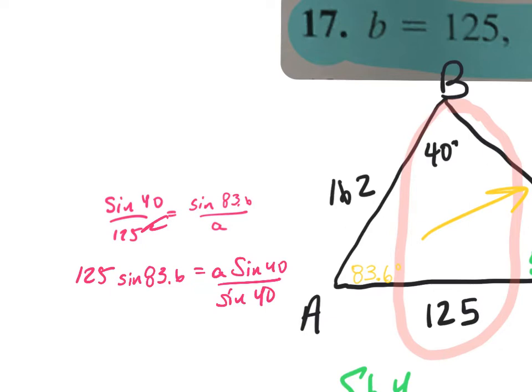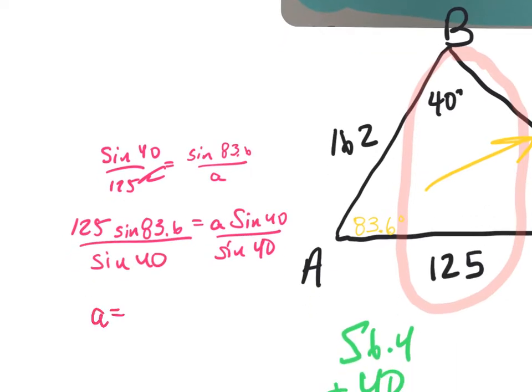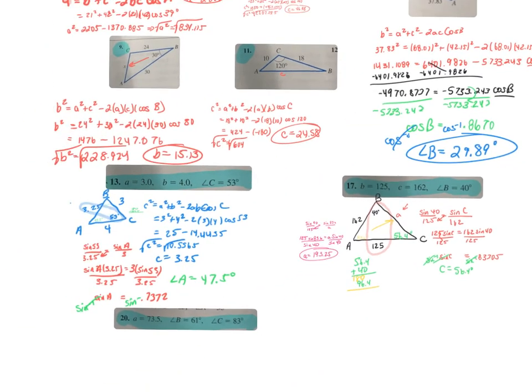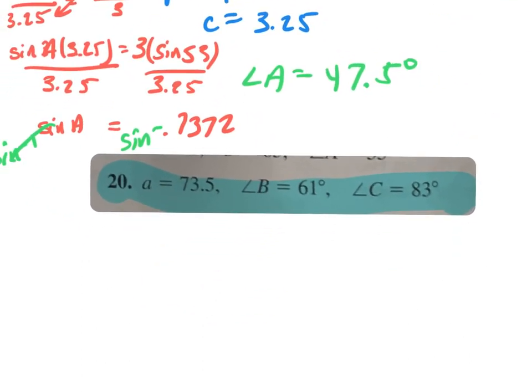Divide both sides by the sine of 40. And side A is about 125 times the sine of 83.6 divided by the sine of 40. It's about 193.25 units, whatever that would be. Okay, good.